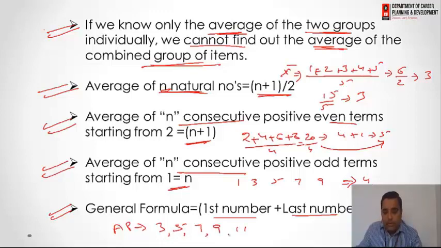Whenever the values are in AP series, that gives us a series with the same difference, which is consecutive numbers, then the average is the sum of the first and the last number divided by 2. So here the average is 3 plus 11 divided by 2, that is 14 by 2, that's 7. So this is the average of the arithmetic progression that we have. That is the general formula.